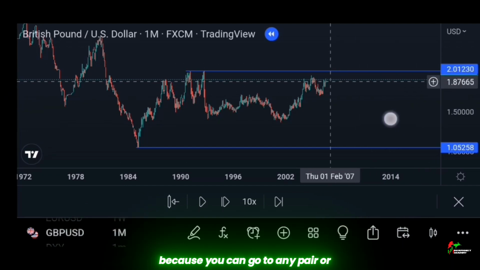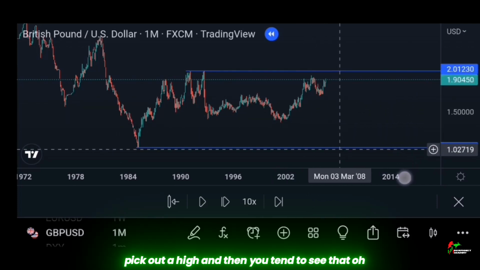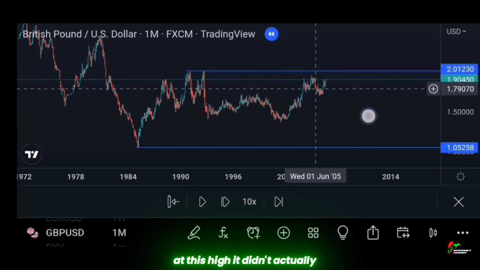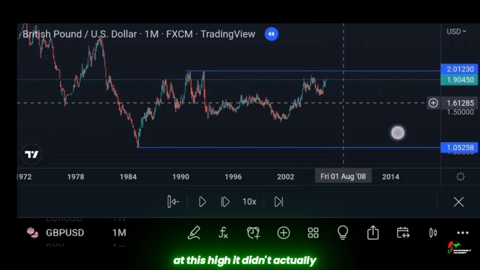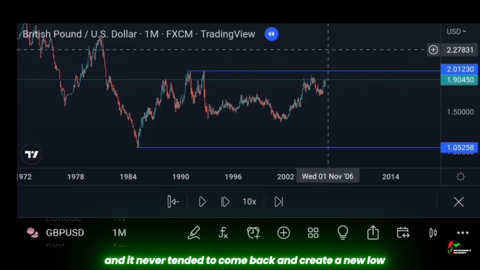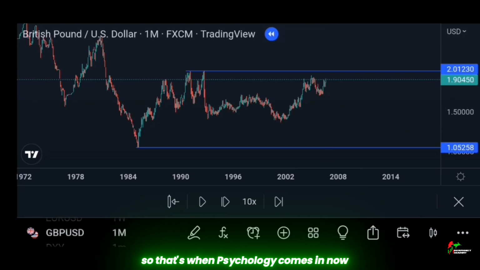You can go to any pair or instrument and pick out a low or a high, and then you tend to see that at this high it didn't actually go to the downside. It actually went way up, and it never came back to create a new low. So why is that? That's when physiology comes in.